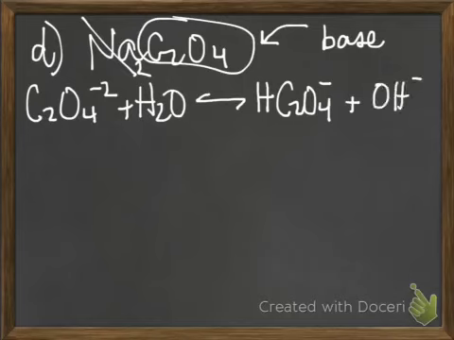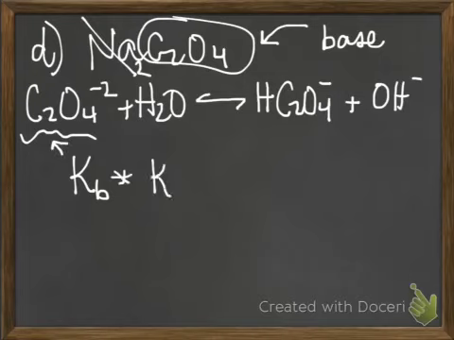So what we have here is our equation to show how C2O4 acts like a base. If we want to get the Kb for this, we need to remember that the Kb for oxalate multiplied by the Ka for its conjugate, which is the hydrogen oxalate, multiplied together give you Kw.